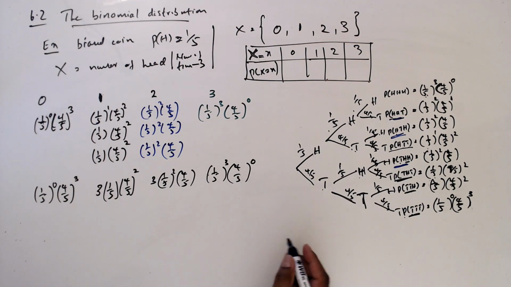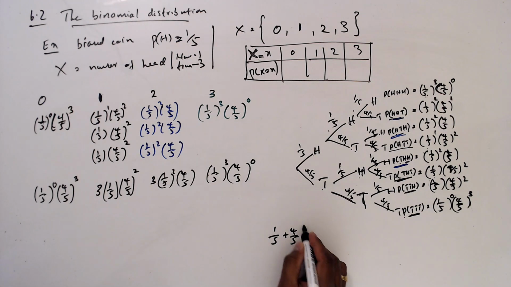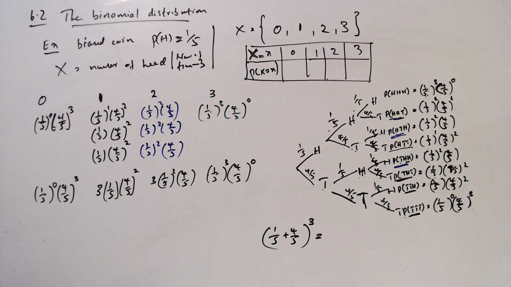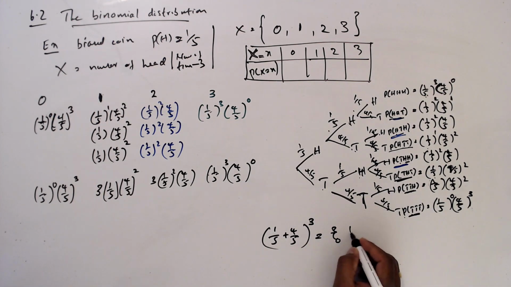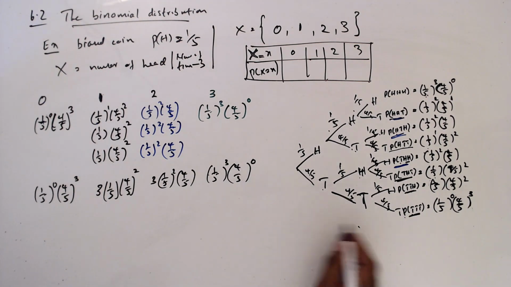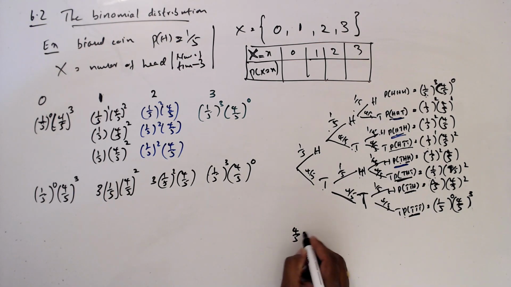Now when you expand, so (1/5) 3 times. In this expansion we write the binomial, 3C0, 1/5. So I write the other way, it has to be the other way around: 4/5 plus 1/5.